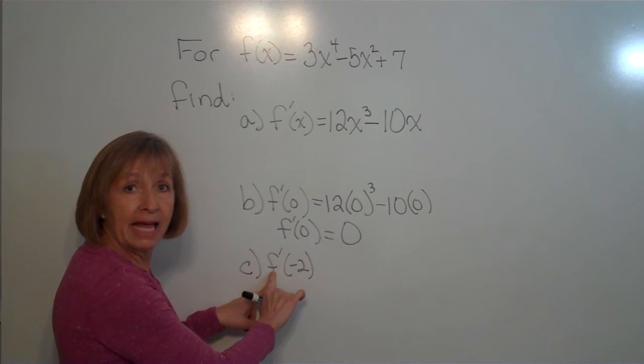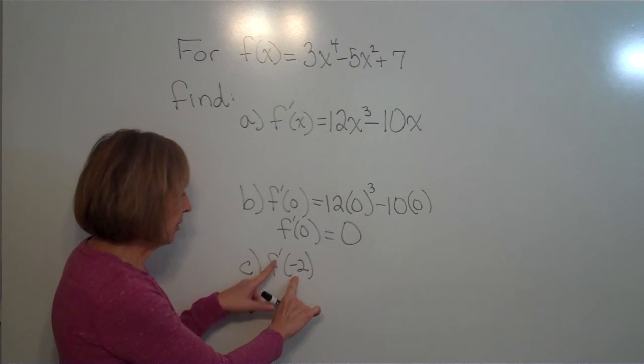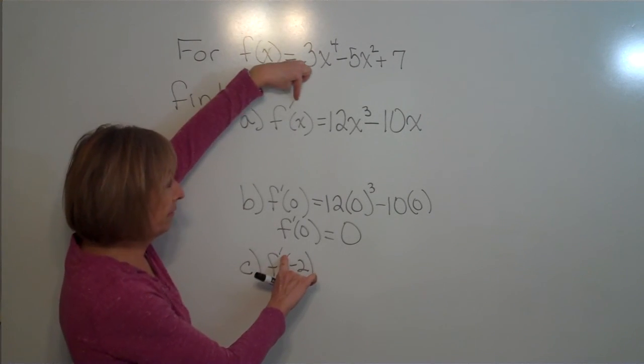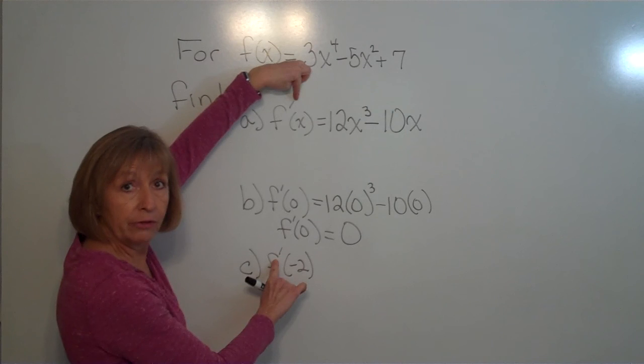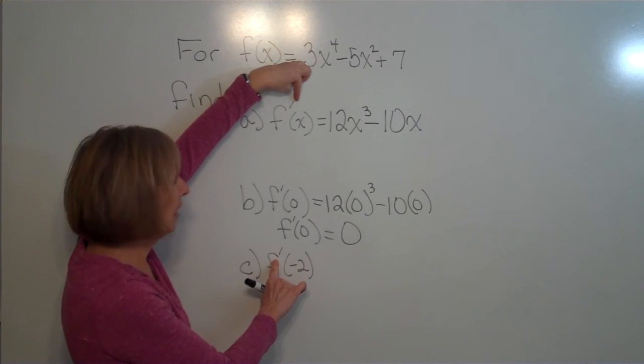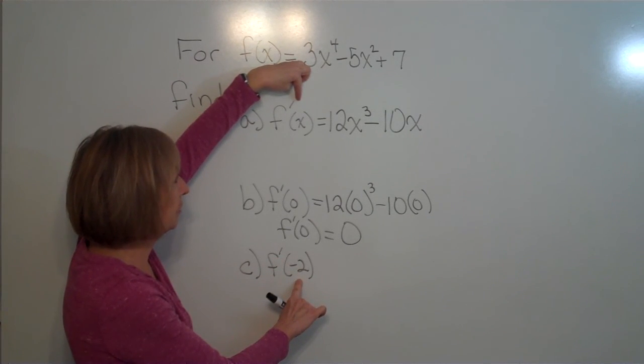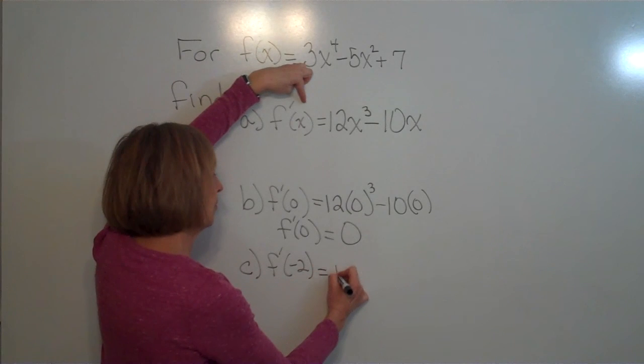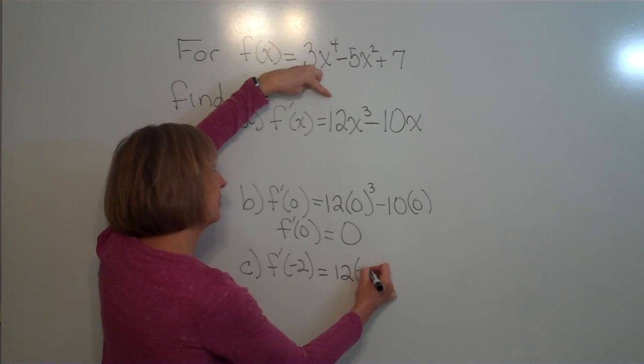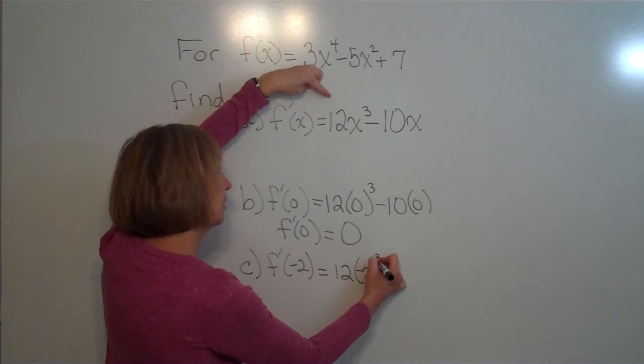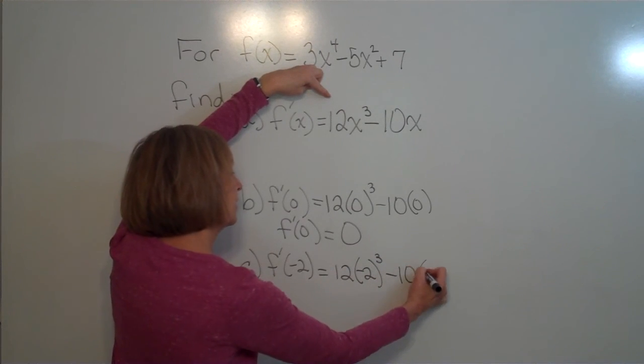Next one is find f prime of negative 2. So I go to the derivative. Your notation tells you which one you're supposed to go to, and then here take out the x's and put in negative 2. So this is going to be 12 times negative 2 quantity cubed minus 10 times negative 2.